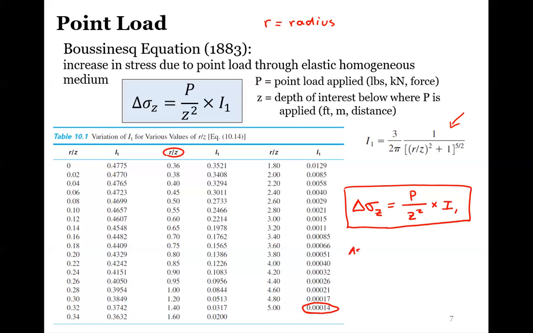As I always like to double check, as we get closer to P, this I value increases. That's something logical that you should always check when you're reading these tables. Think about your point and look at the resulting I value, and make sure that it makes sense compared to everything else. If it was directly under it, then we would have the highest influence factor. As we move further away, that influence factor will go down.